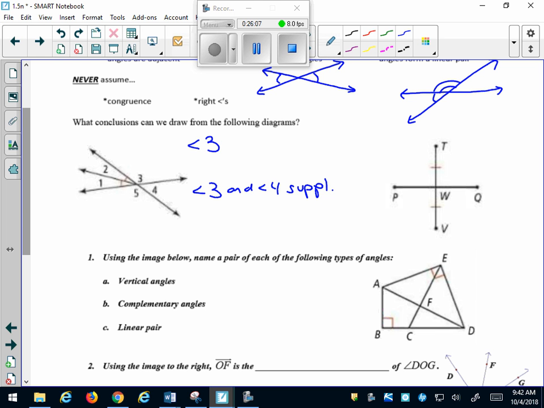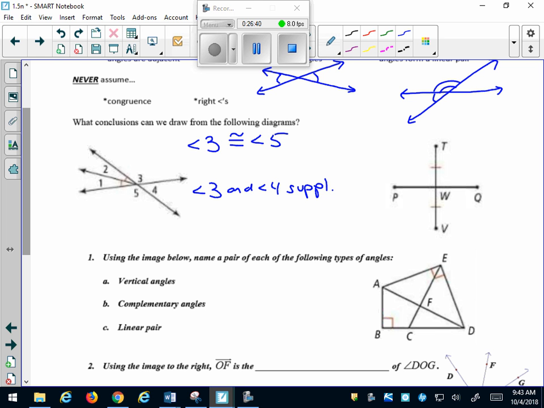Linear pair. So that would be the linear pair postulate, right? So we talked about what they're called, linear pairs, and then how they're related: they're supplementary. So let's do the same thing with 3 and 5. They're called vertical angles, but that means that we can state that they're congruent to each other by the vertical angles theorem.